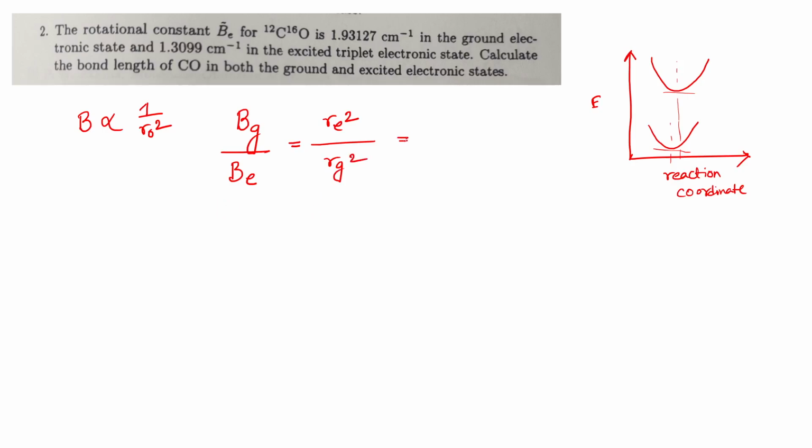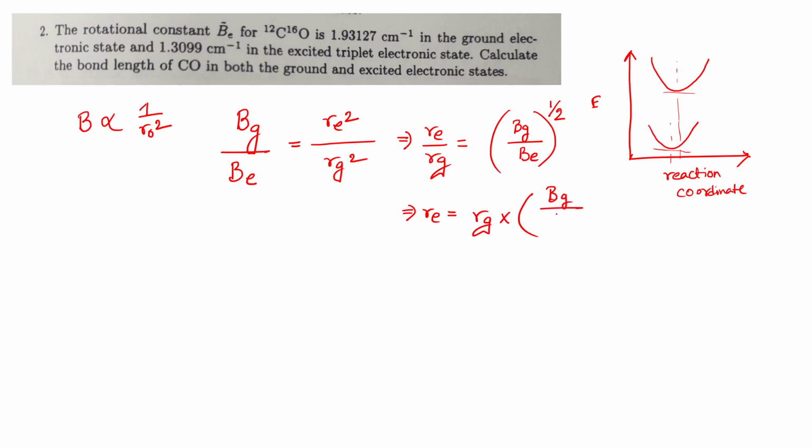In other words, your Re by Rg is going to be Bg by Be to the power half, right? Square root of that. And even simpler, it is Rg multiplied by Bg divided by Be to the power half. So we have to calculate only one of them, and then we can put it here.